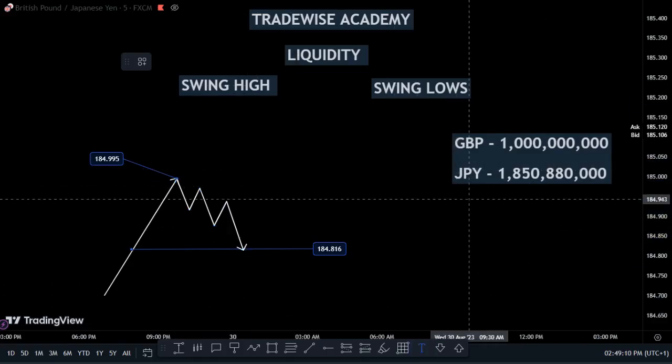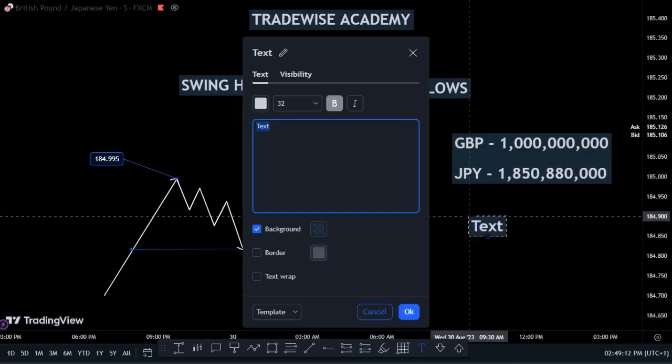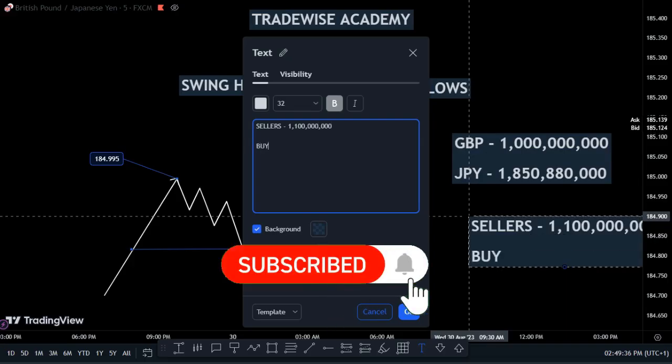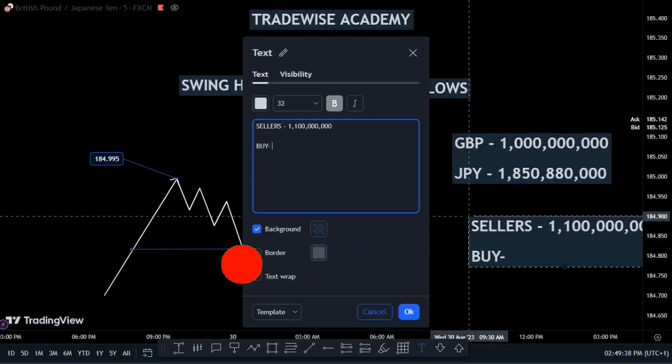So what basically happens would be that at this particular point in time, we could have enough sellers offering about, let's say 1.1 billion. Let's work with that. And the bank comes in to buy it from them, but the bank doesn't have so much to buy everything.